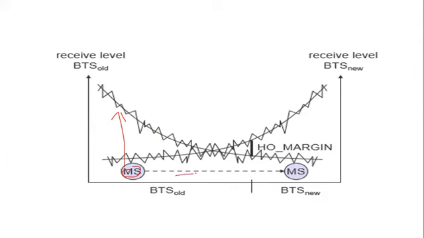As this person moves, this is the signal level. As the mobile station moves, the signal is getting decreased, and at one point it reaches the handover margin. So this is the handover margin. If the signal is reduced up to this point, then there will be a handover, in which the mobile station will be disconnected from the old BTS and connected to a new BTS.